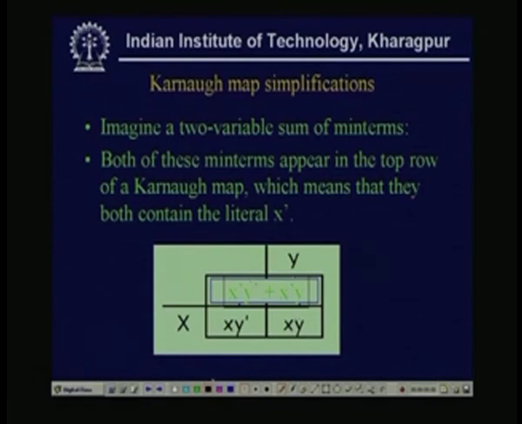That means if I take a function f, this becomes x dash y dash plus x dash y, and if we take x dash common, then y plus y dash becomes 1 and so this becomes x. In this way I can minimize that function.